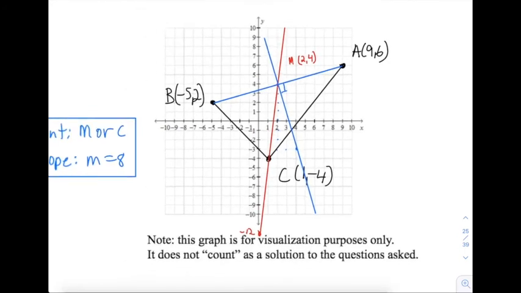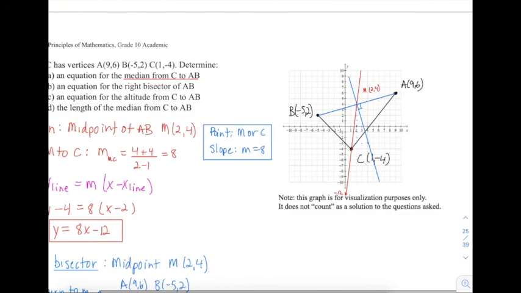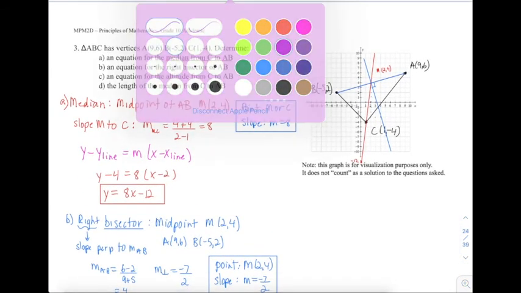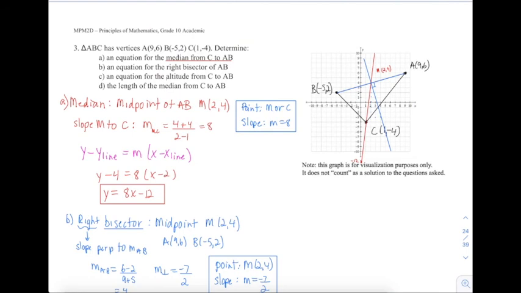Okay, and then the last line. We want the altitude from C to AB. So I'm going to start with C. Because it's an altitude, I need to be perpendicular to the opposite side. My slope of the purple line should be perpendicular to the slope of the blue line.